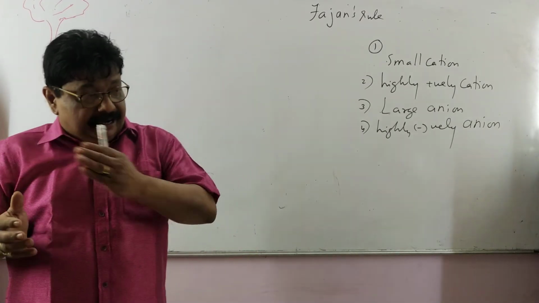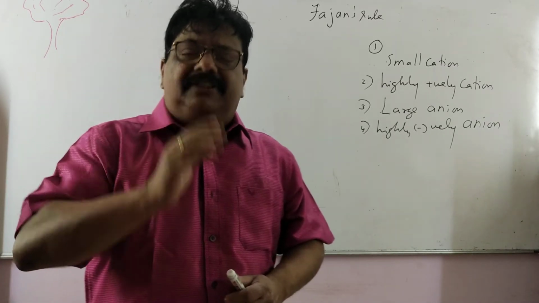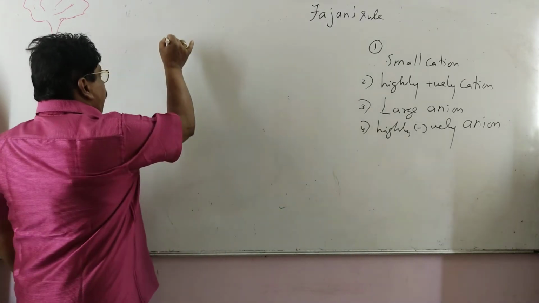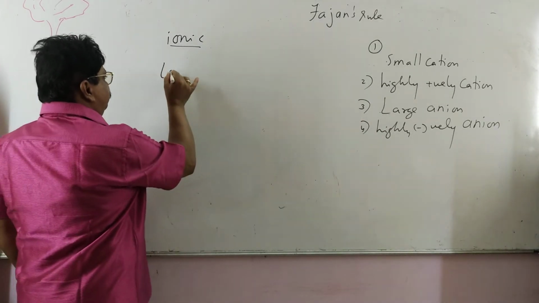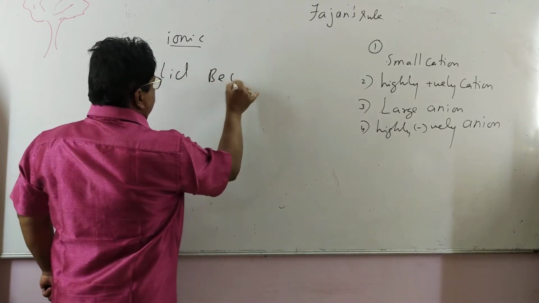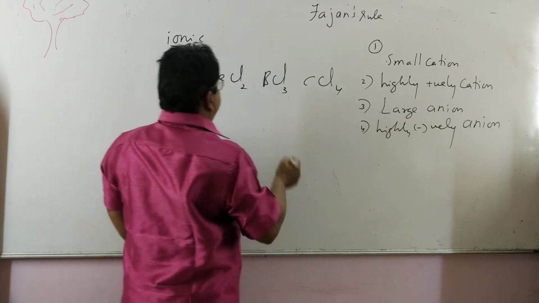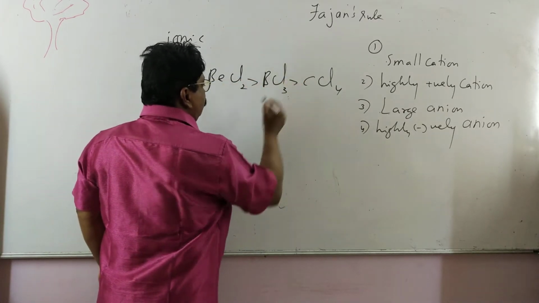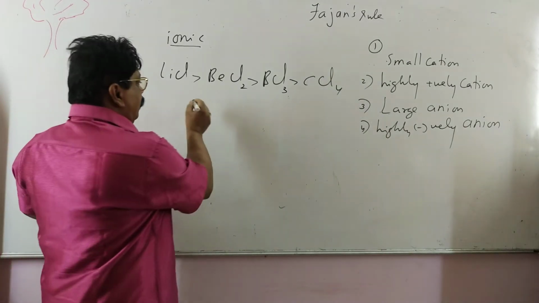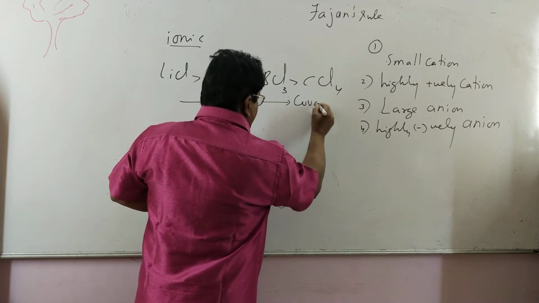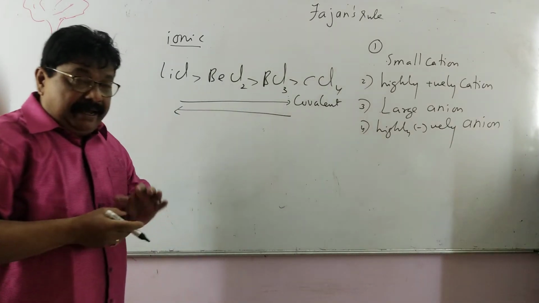As you know, from left to right when we move in the periodic table, the covalent character increases. The ionic character is in just the opposite order to the covalent character. Here the covalent character will increase, and in the opposite direction will be the ionic character.